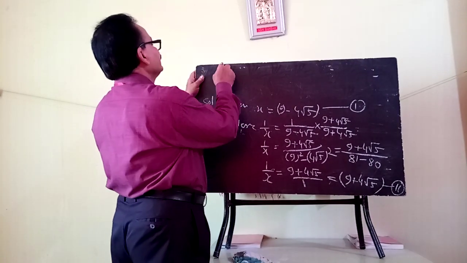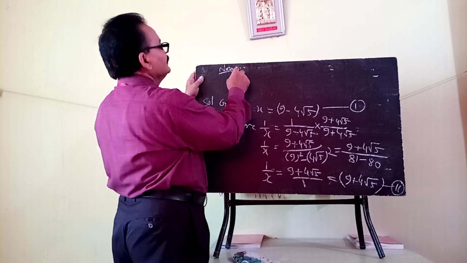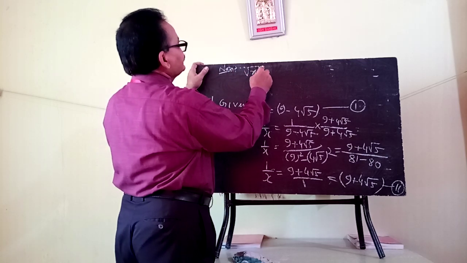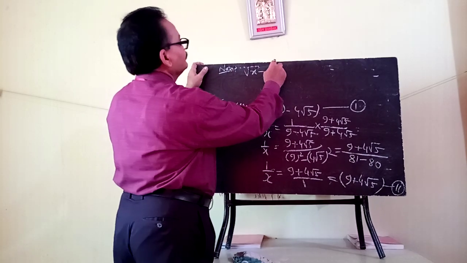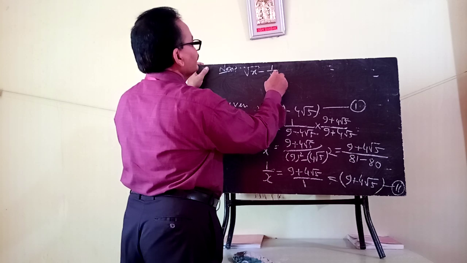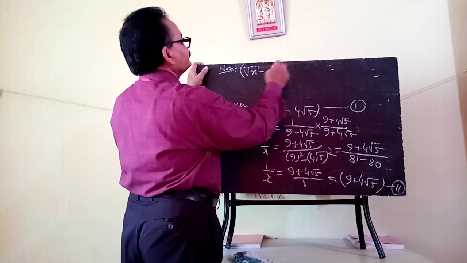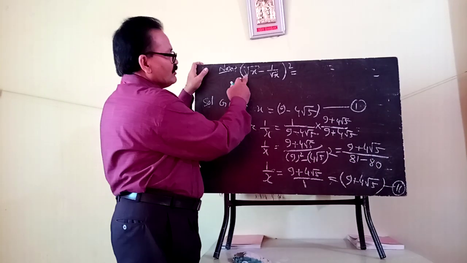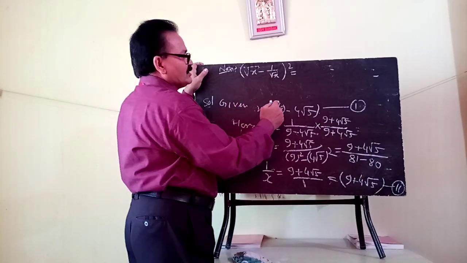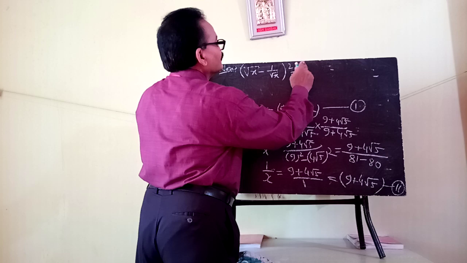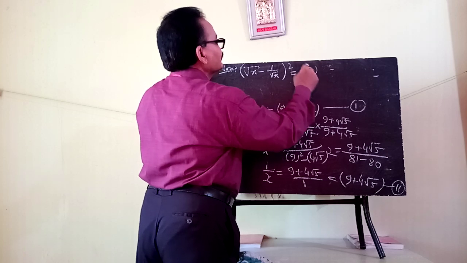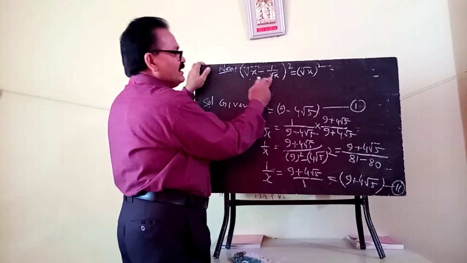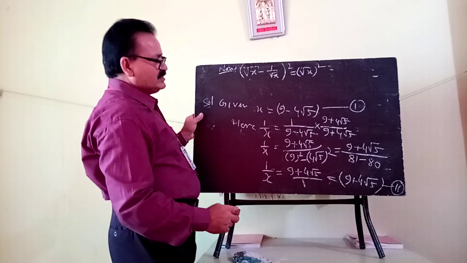Now, square root of x minus 1 upon square root of x whole square equals, what will happen? Square root of x minus 1 upon square root of x is root x whole square. You have to apply the a minus b whole square formula.